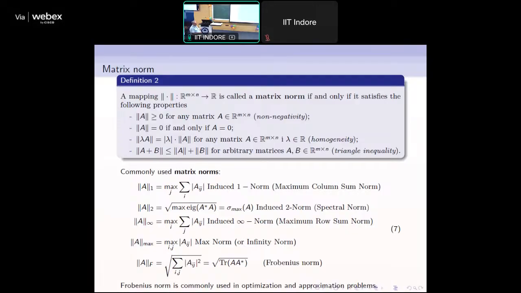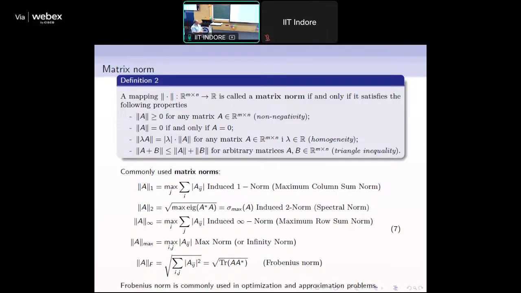The Frobenius norm, defined using the matrix trace. The matrix trace is the sum of the diagonal elements of the main diagonal. For our future research, for applications in recurrent neural networks, the Frobenius norm will be most useful.